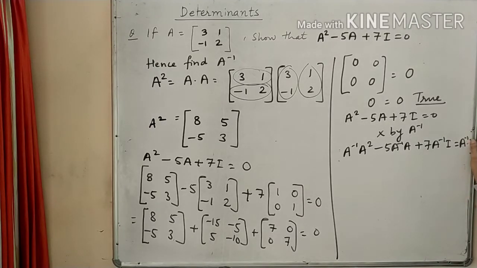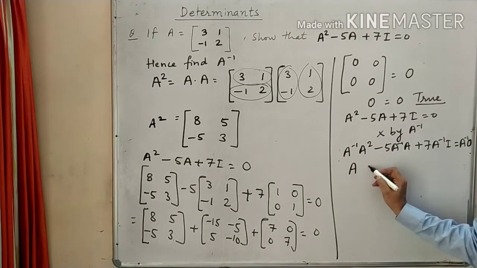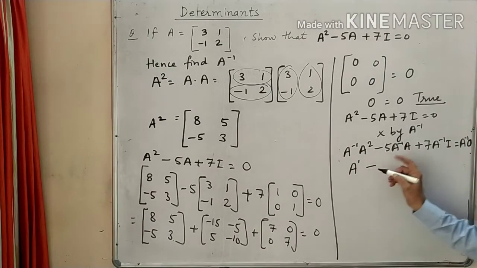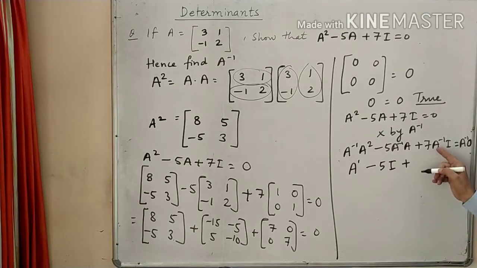Look here. When you multiply this, you get A power 1. Now A inverse into A is I, and A inverse into I is A inverse, and A inverse into the 0 matrix is the 0 matrix.